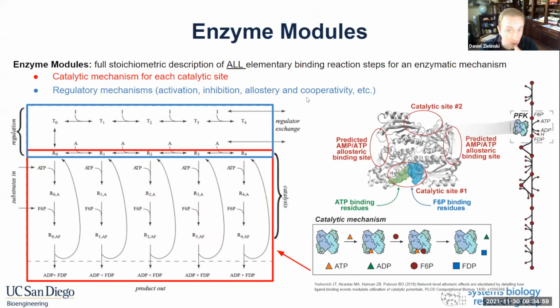And then at the ultimate level, we can talk about building enzyme modules which capture all the known mechanisms. So it could be an MWC model plus pH or plus other activation or inhibition going on. So as you layer these mechanisms on, you can describe very complex reactions just in terms of mass action.